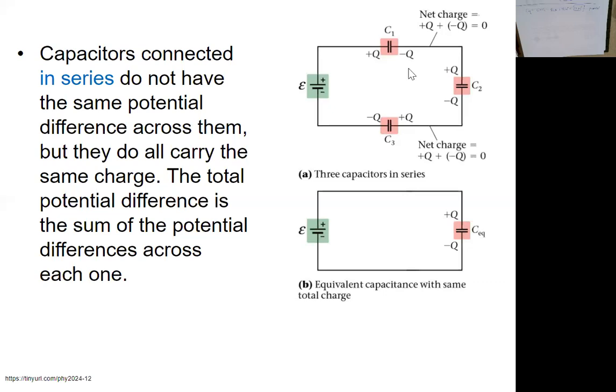Then Q on this one is equal to C1 times V1, that equals Q. On this one, Q is equal to C2 times V2. Q here is equal to C3 times V3. So you can see the V's on each of the capacitors will be different.